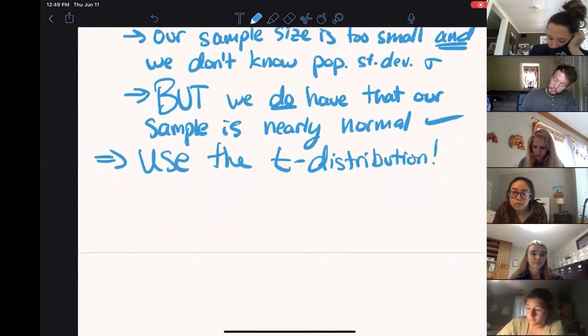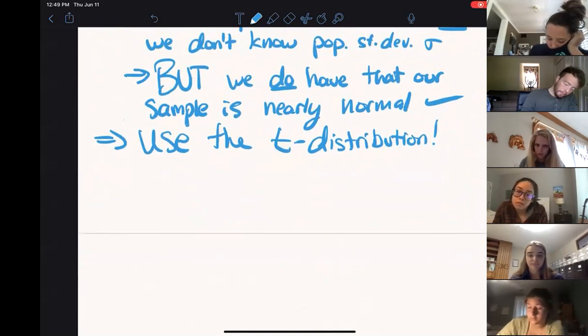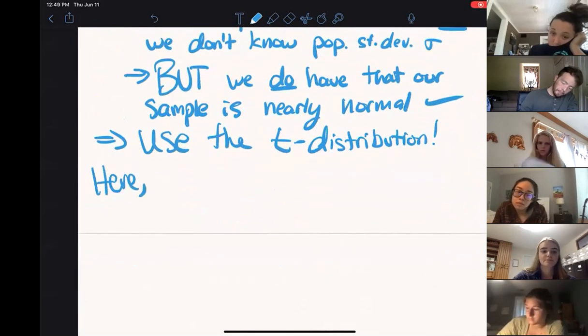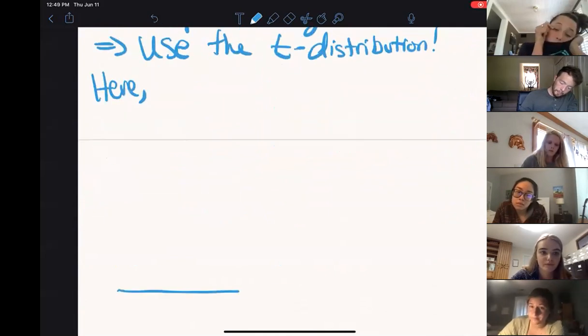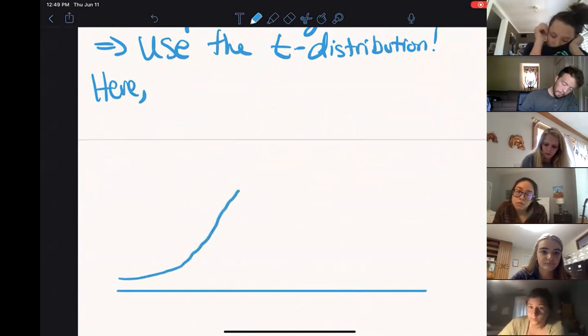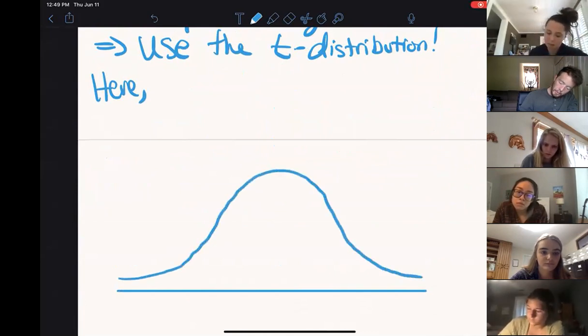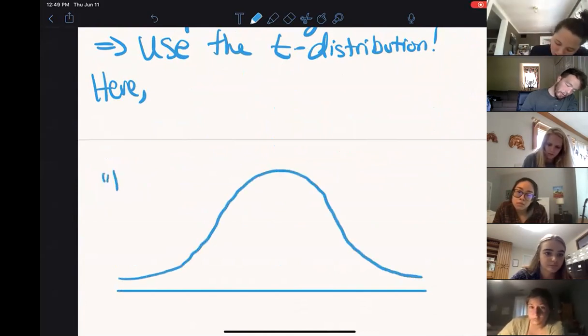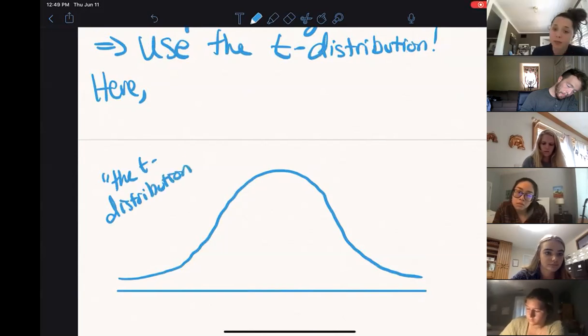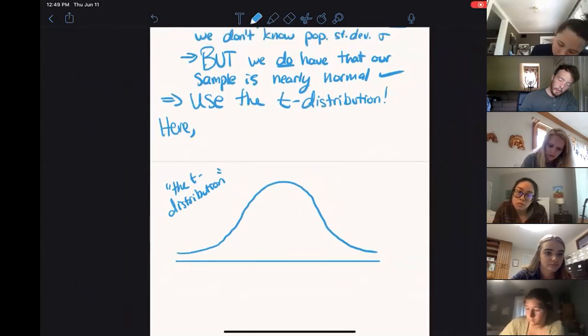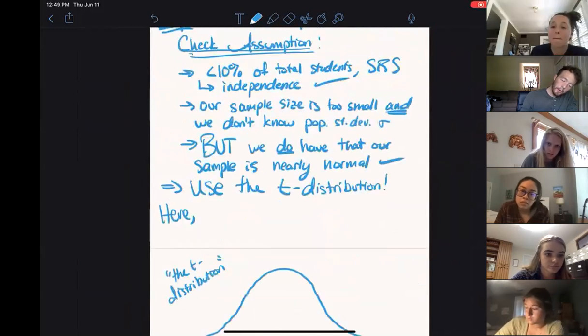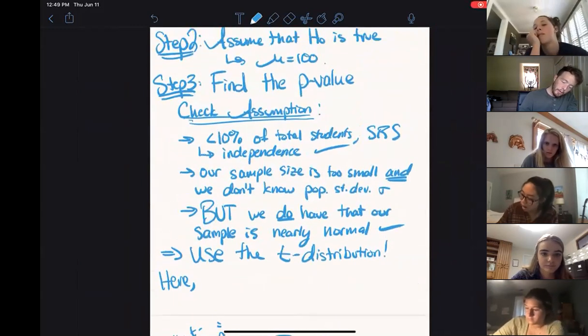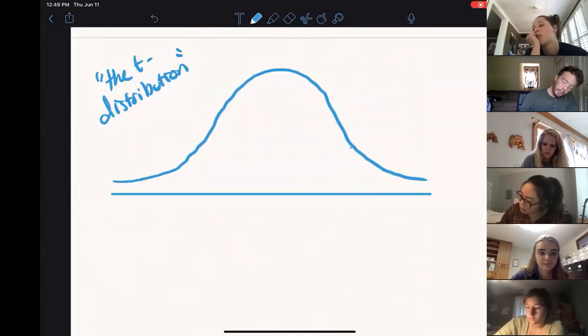Okay, so here, this is our t, so we'll call this the t. We have x bar of 135.9, right? So we want to find the place on the t-distribution.